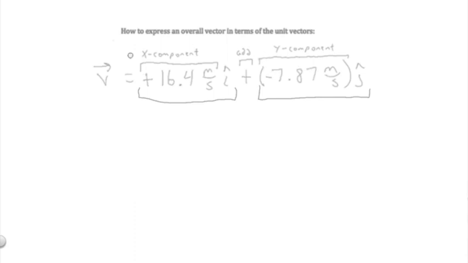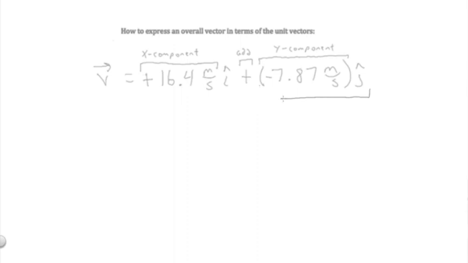If we take the vector for the x component and add that to the vector for the y component, then the resultant is a new vector that does represent the overall velocity. That's why this notation is a logical way for us to represent the overall velocity.